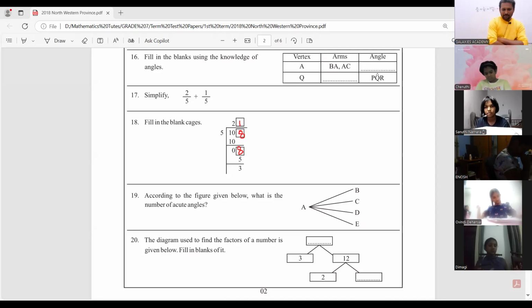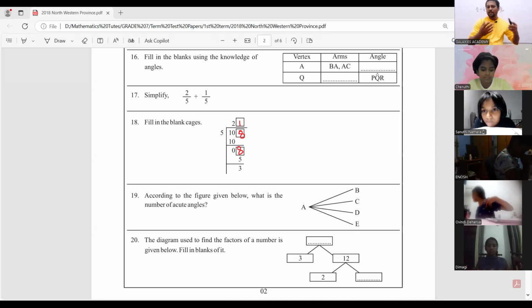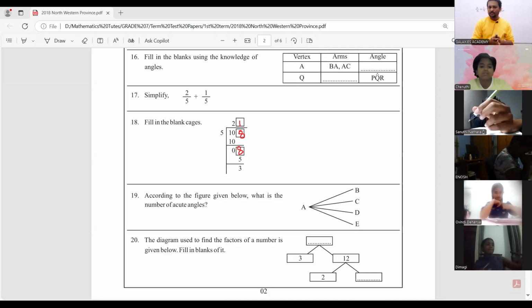Right. The next question is a very simple question. According to the figure given below, what is the number of acute angles? What does the number of acute angles mean? How many acute angles are there? Can you identify how many acute angles?